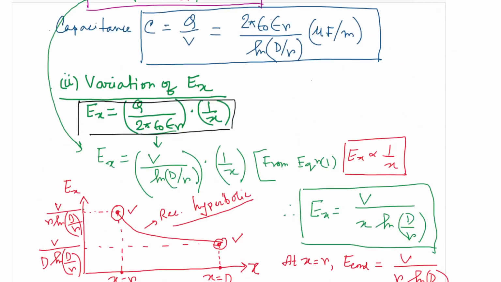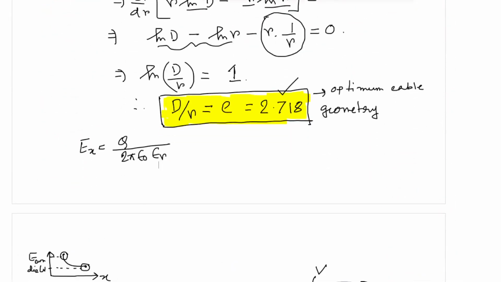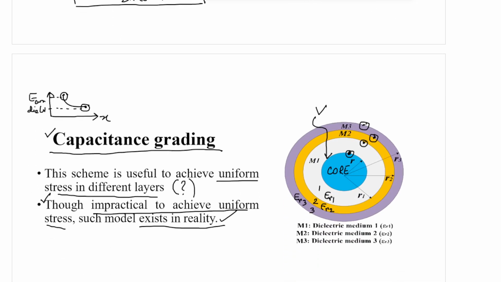We have 1 by x. So I am writing that expression beforehand, as we require it in a moment. Now let us come to this model.